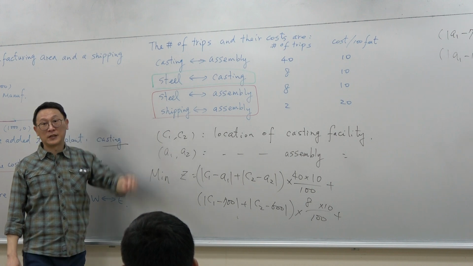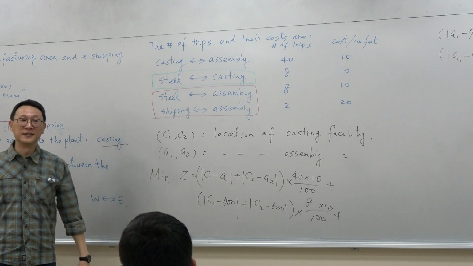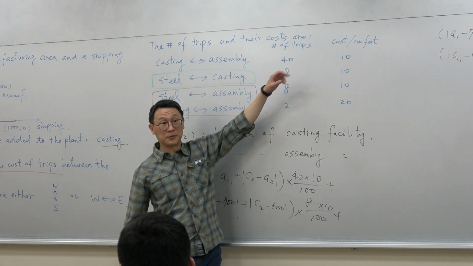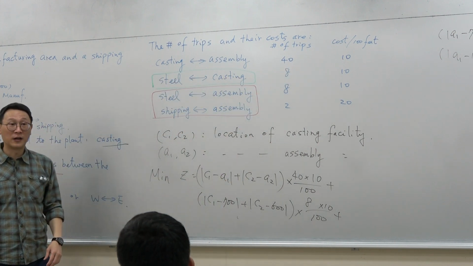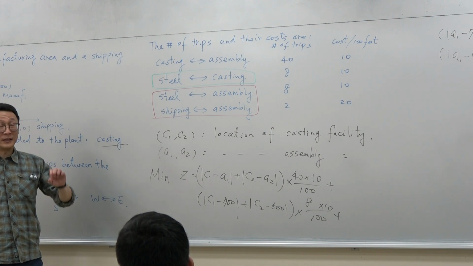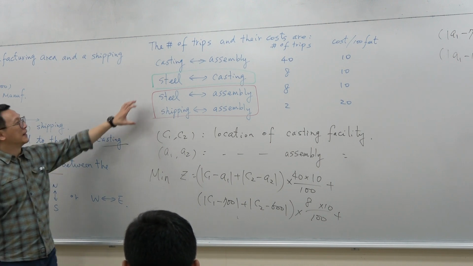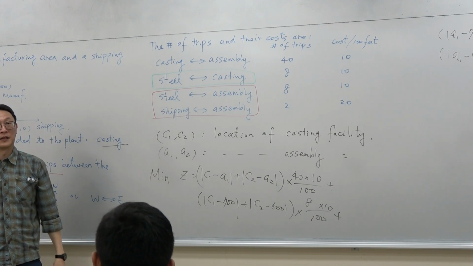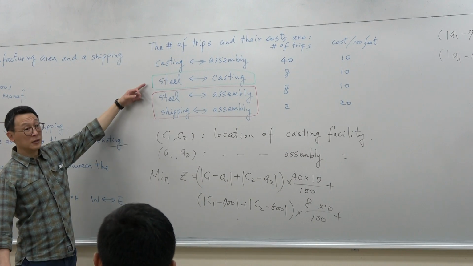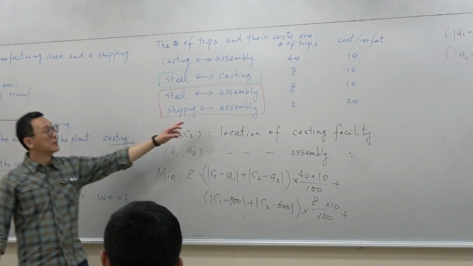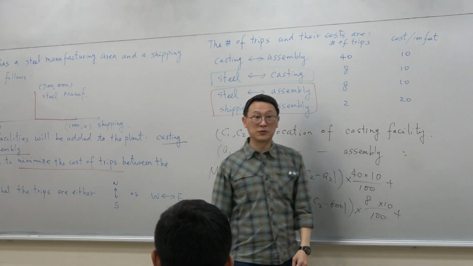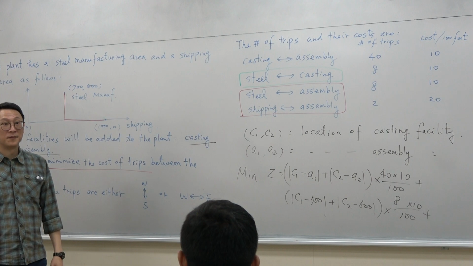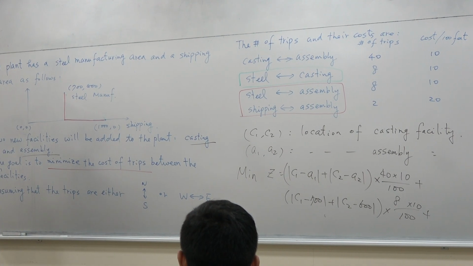But for me, I would say they will be very close to each other because we have a lot of trips. But whether they should really be in the same place depends on the green and the red part. If the green and the red part have exactly the same number of trips and same costs, then casting and assembling will be in the same place. But right now, I cannot say that.